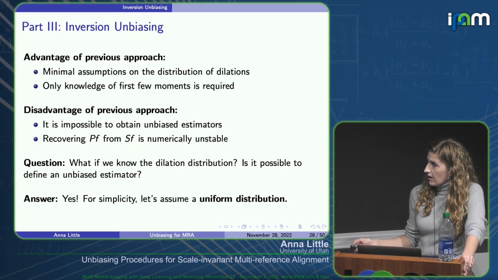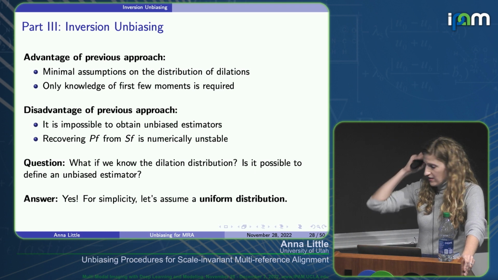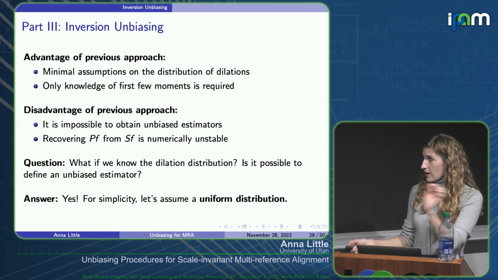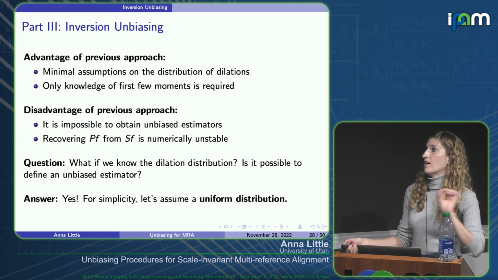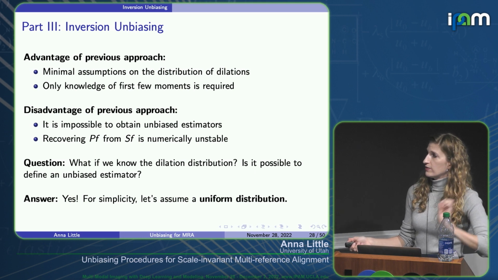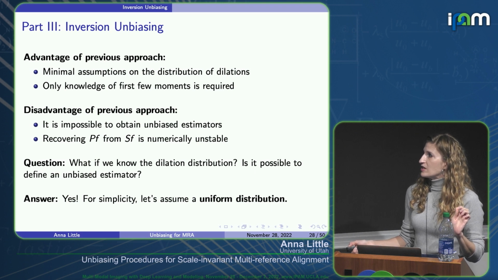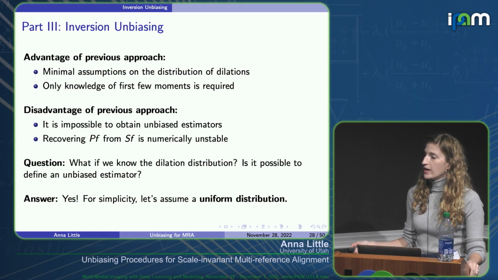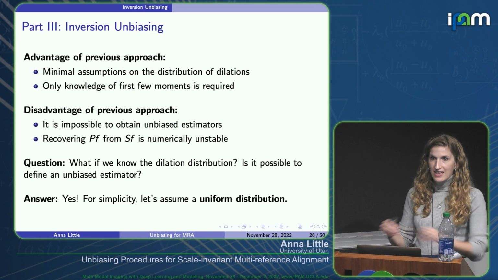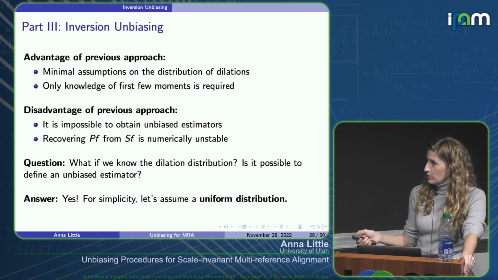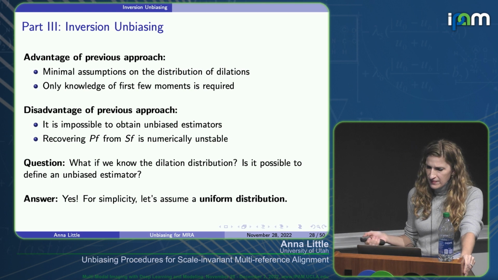So we saw it was impossible to obtain an unbiased estimator in this case. And also, I didn't talk about this a whole lot, but even though the wavelet invariants are mathematically equivalent to the power spectrum, actually doing that inversion numerically is a bit unstable and tends to blow up the error. So we're not real happy with that from a numerical perspective.